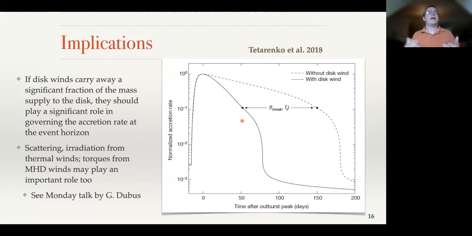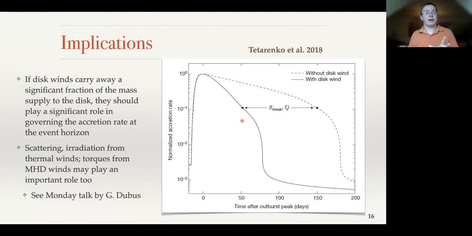And why is that important? Well, if disk winds are carrying away a significant fraction of the mass supply to the outer disk, it's fair to say that they're playing a significant role in governing the accretion rate at the event horizon. Now, whether the actual dominant effect is controlling the mass accretion rate or governing the evolution of outbursts in different ways, Guillaume and Bailey have brought our attention to several other ways that this can happen via scattering and irradiation from thermal winds or torques from MHD winds.